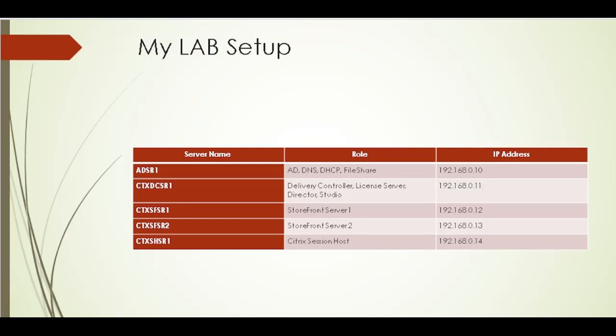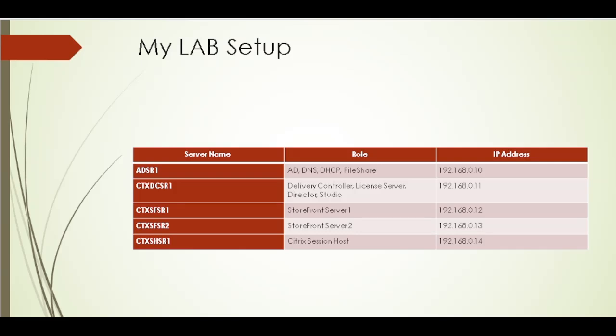And the second server, CTX DC SRV1. On that server, as I explained earlier, we will install the delivery controller, license server and Citrix Studio. Also the database which is needed for Citrix, we will install on the same server.